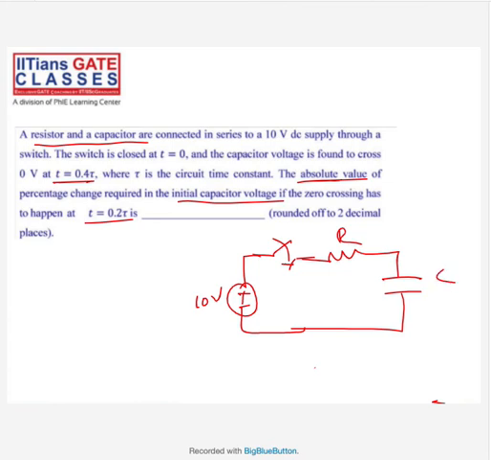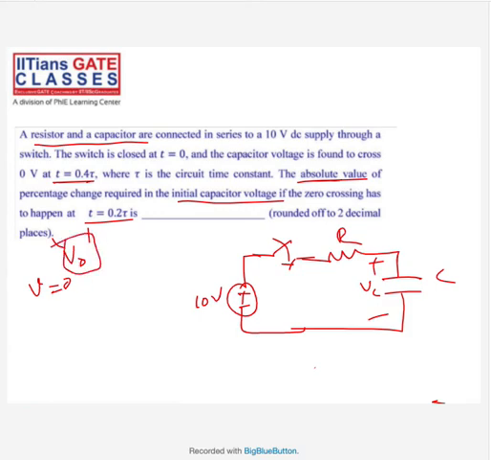The capacitor voltage is found to cross 0 at time t equal to 0.4 tau. So there is some V naught initially. It is not an uncharged capacitor; this is a charged capacitor. So at t equal to 0.4 tau, V is equal to 0, and there will be some V naught value.